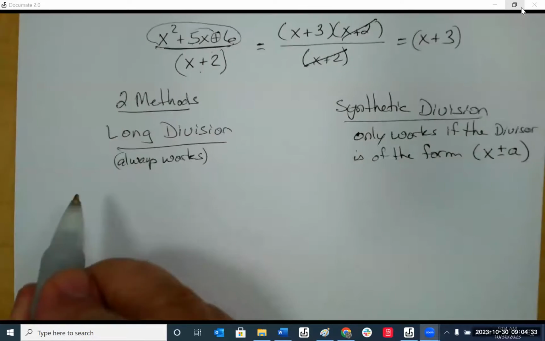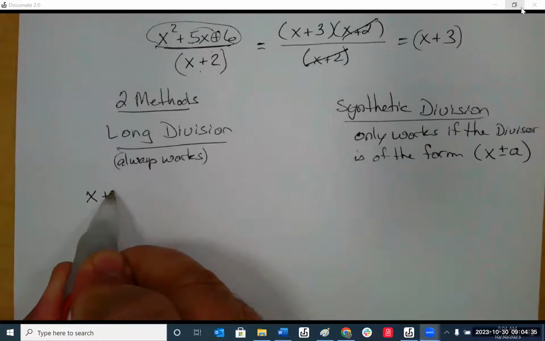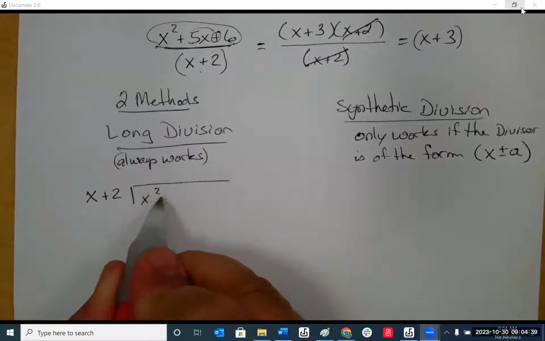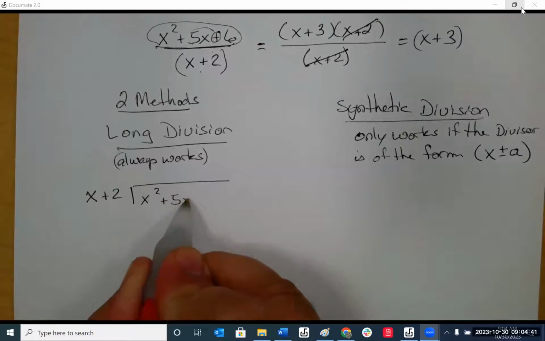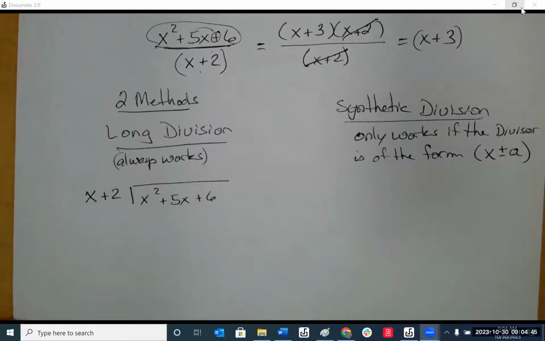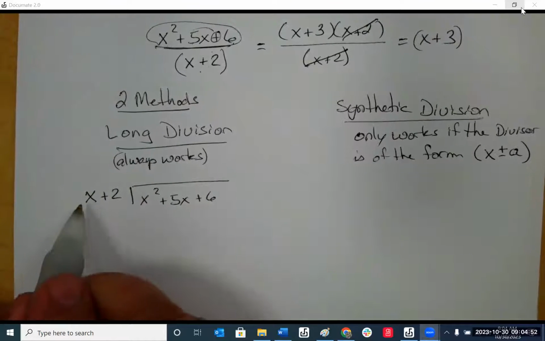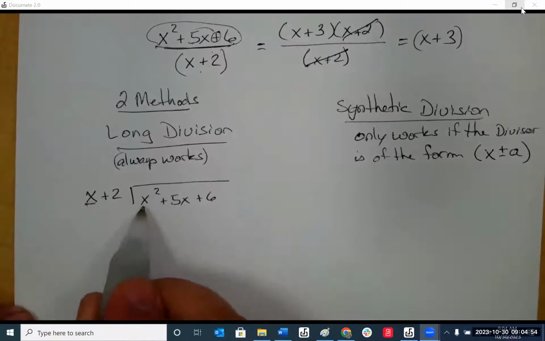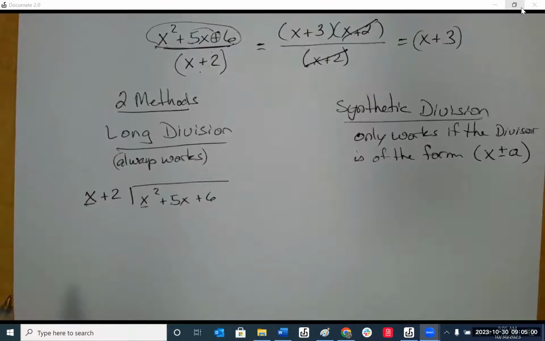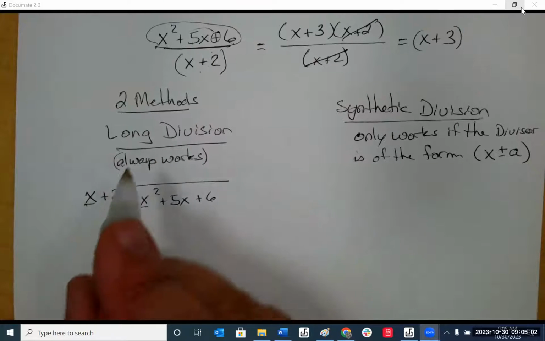We have our equation here. So we have x plus 2 going into x squared plus 5x plus 6. Now, always look at the leading terms. What times x gives me x squared? Just x.